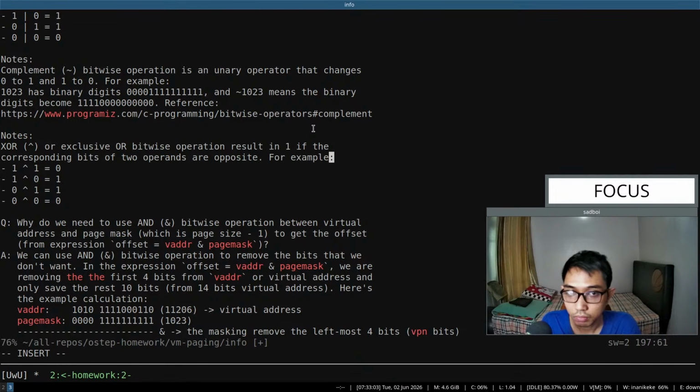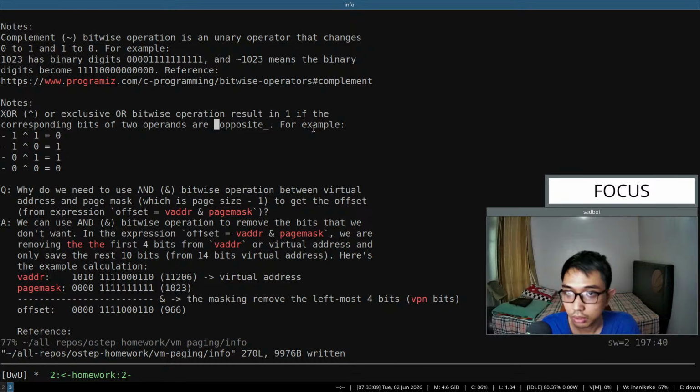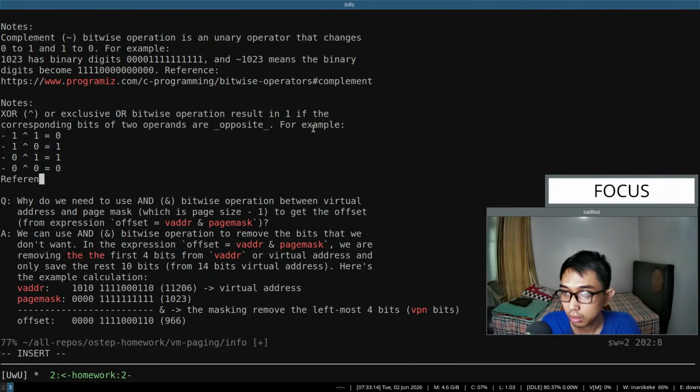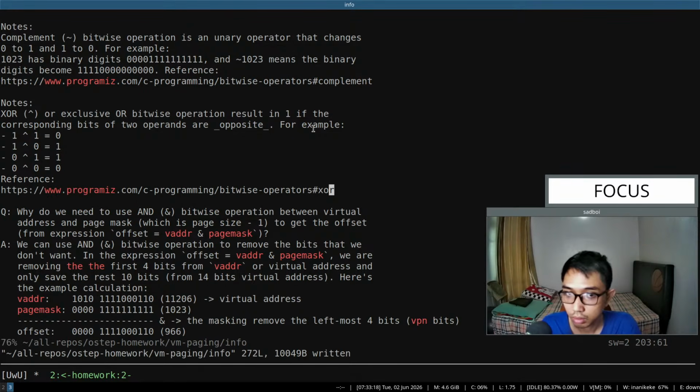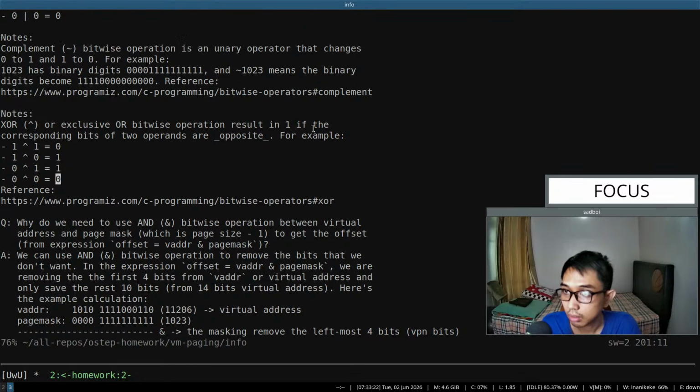For example, opposite. Okay. Reference. Okay, something like this.